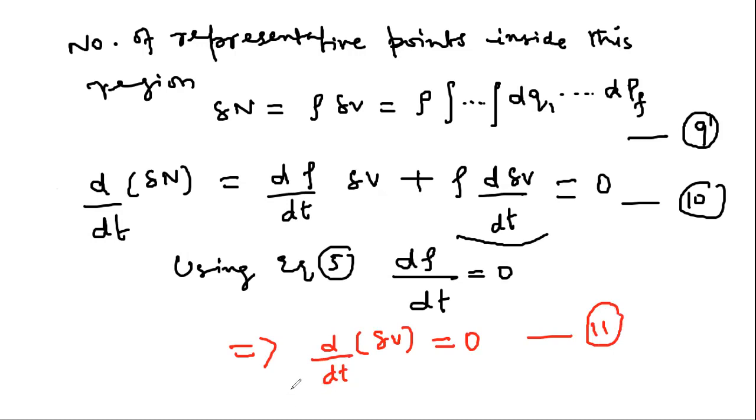Or you can write this in the integral form: d by dt of this multiple integral dq1, dq2 up to dpf is equal to 0.